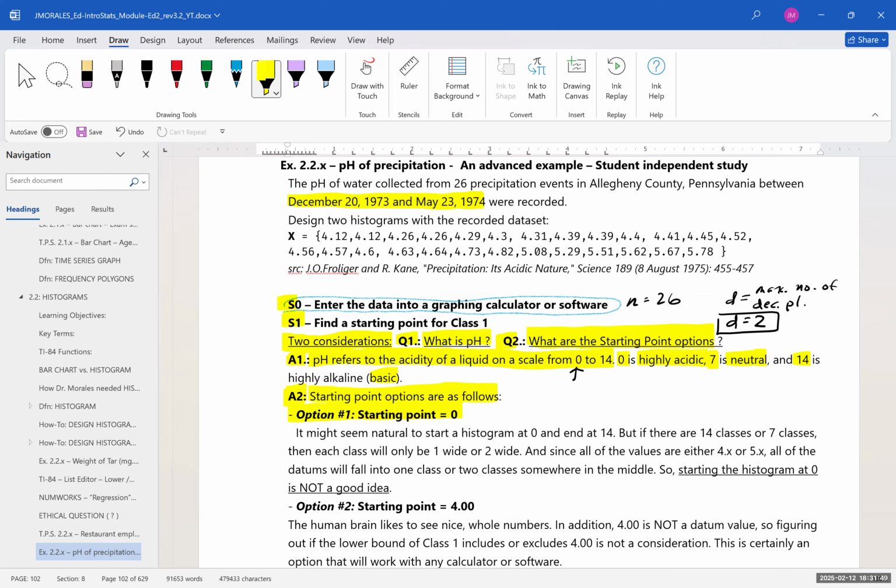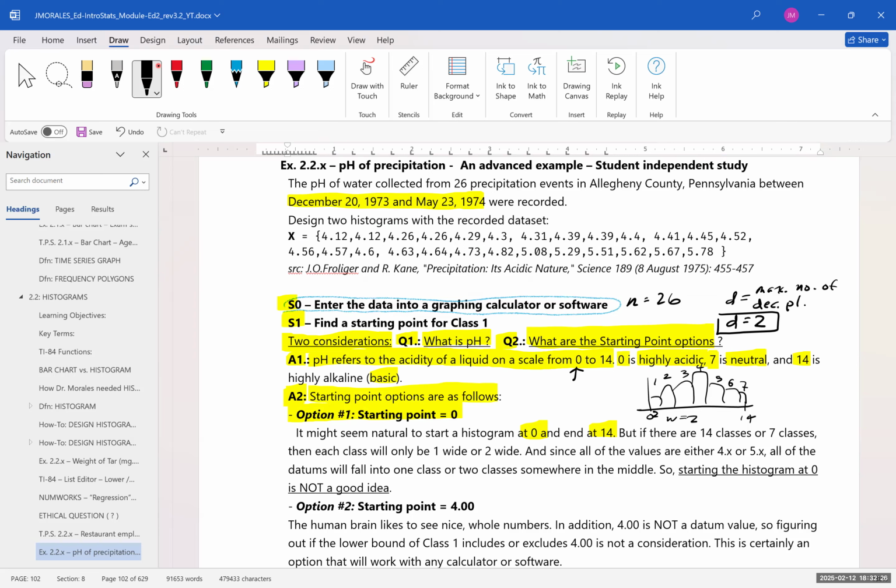So it might seem natural to start a histogram at 0 and end at 14, and have some class bars that do something like this. But if there are 14 classes or 7 classes, then each class will be only 1 or 2 wide. So if there were 7 of these, then in order to cover this, each class is going to have to be 2 wide.